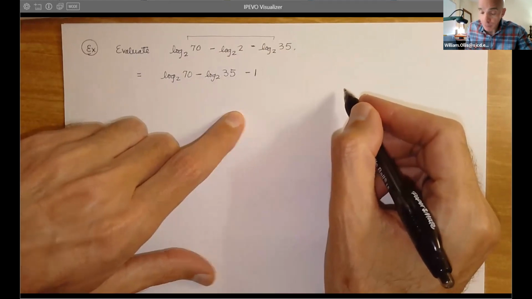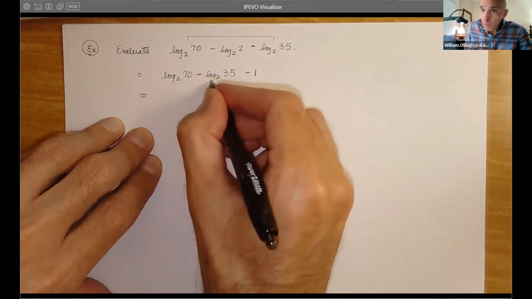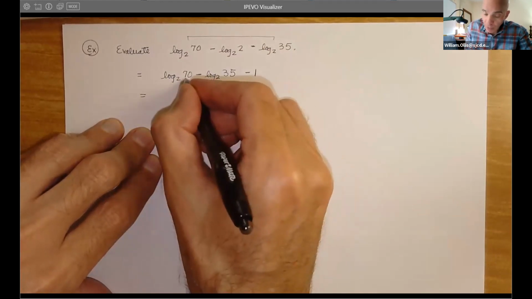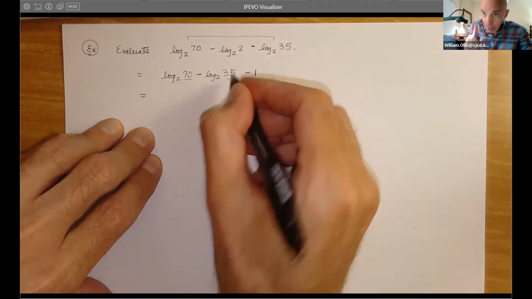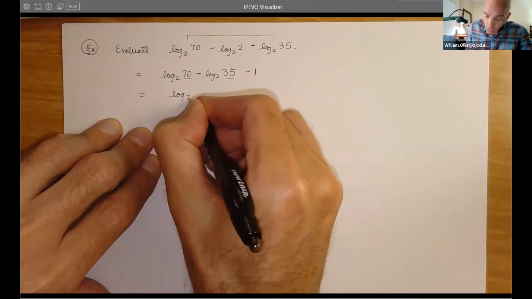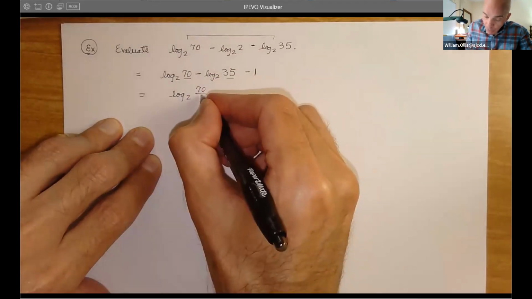Power of the base. Now we're thinking, okay, well, this is a difference of logs, which we could write as the log of a quotient. And we've got the numerator here and the denominator here. So this will be log base 2 of 70 divided by 35.